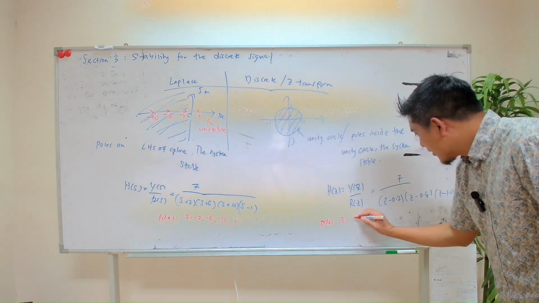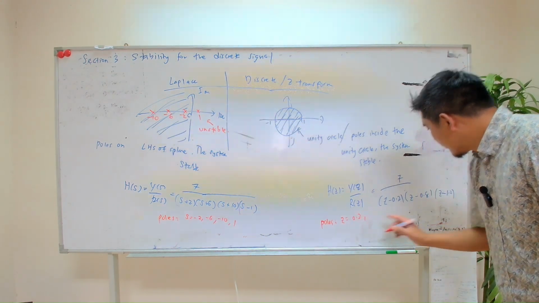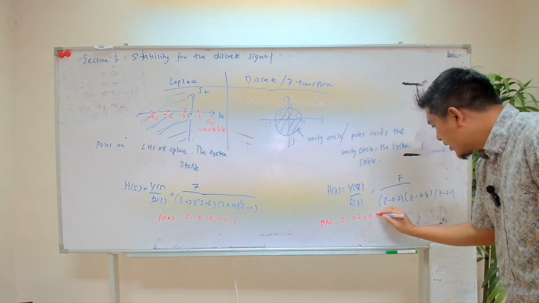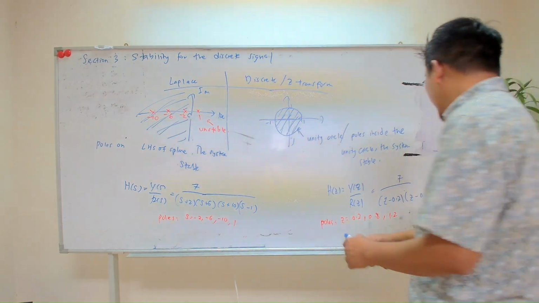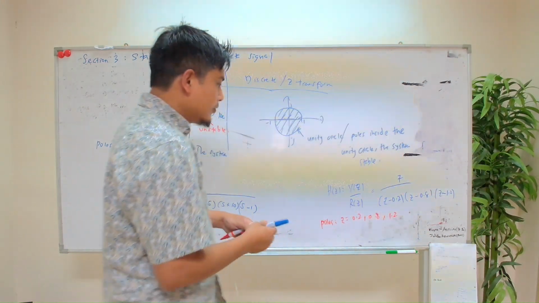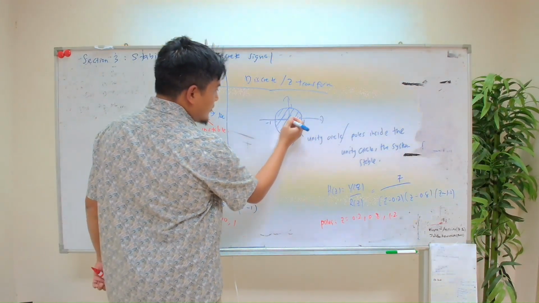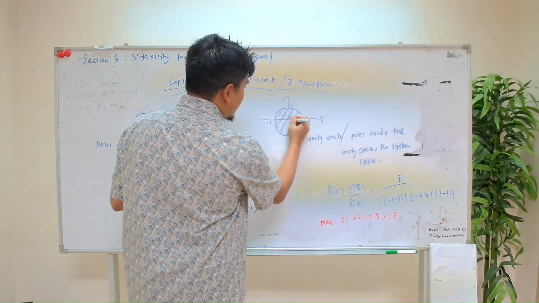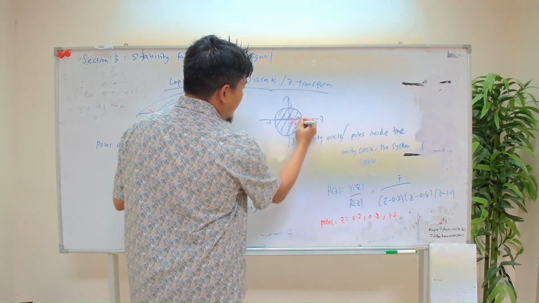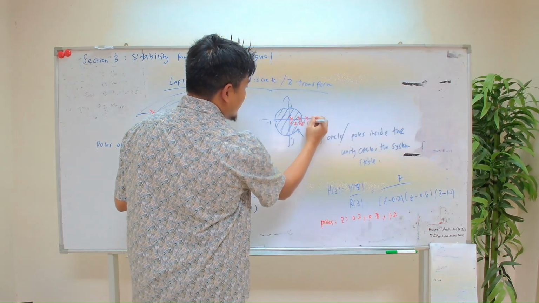Okay. Similar with this one, we find the poles. z at 0.2, this one gives you 0.8, this one gives you 1.2. And then we just plug in. 0.2 should be here, 0.8, 1.2.